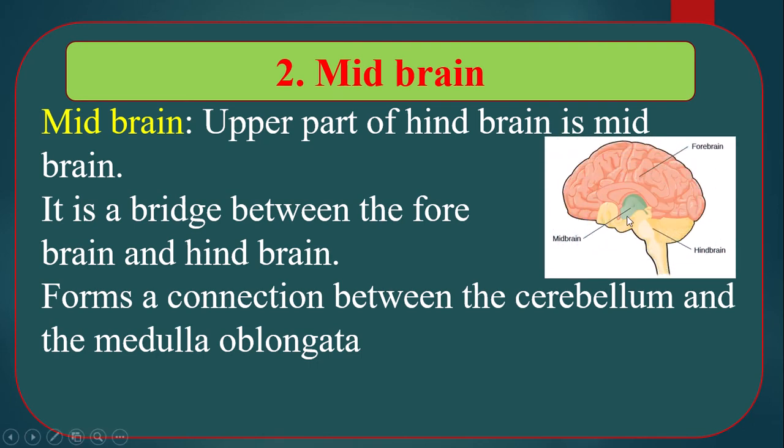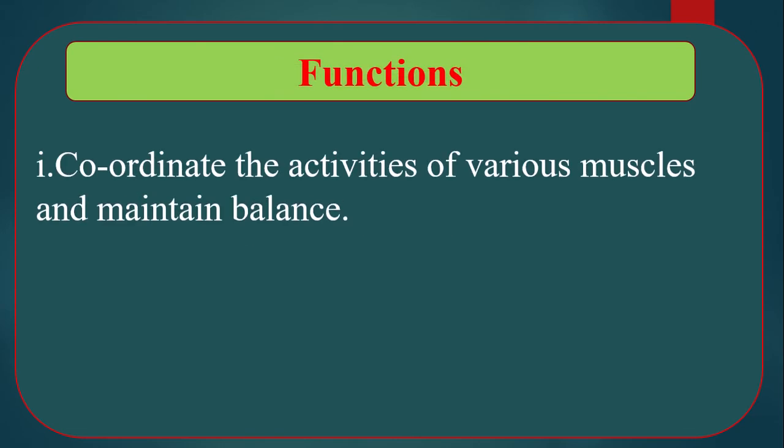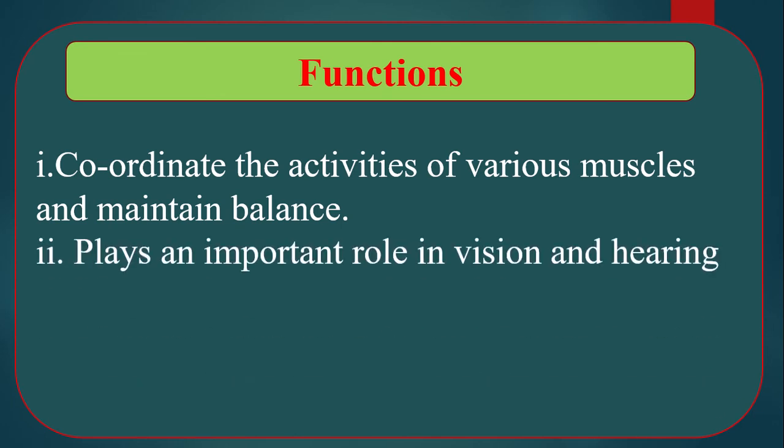This middle portion is midbrain, which is located between forebrain and hindbrain. Functions of midbrain. Number 1, coordinates the activities of various muscles and maintains balance. It plays an important role in vision and hearing.